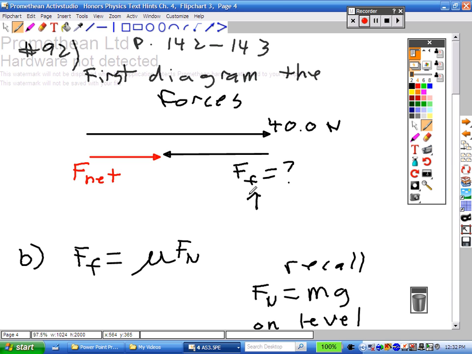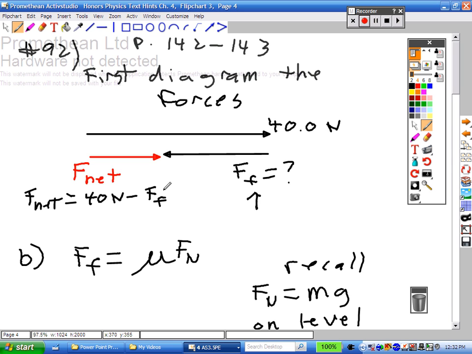So in this case, the net force that I wrote in red is the combination of the forward and the backward forces. So by net force equals ma, the net force is going to be the sum of all the forces. So that would be the 40 newtons forward minus the unknown friction force.